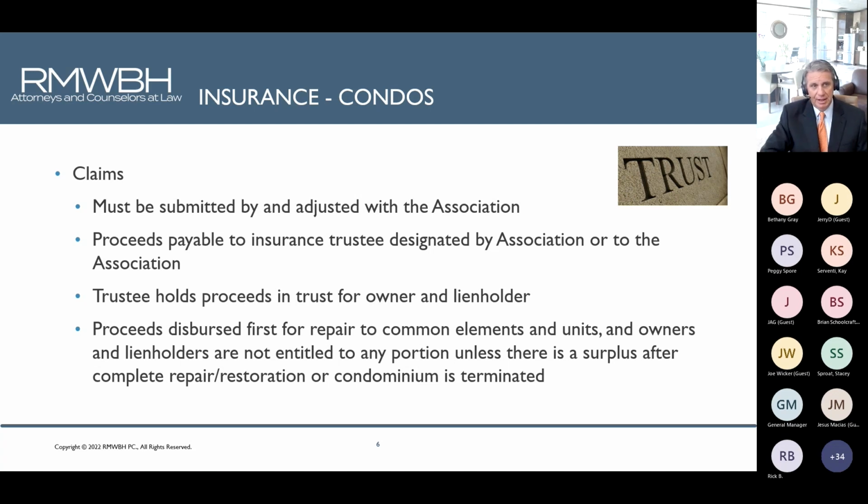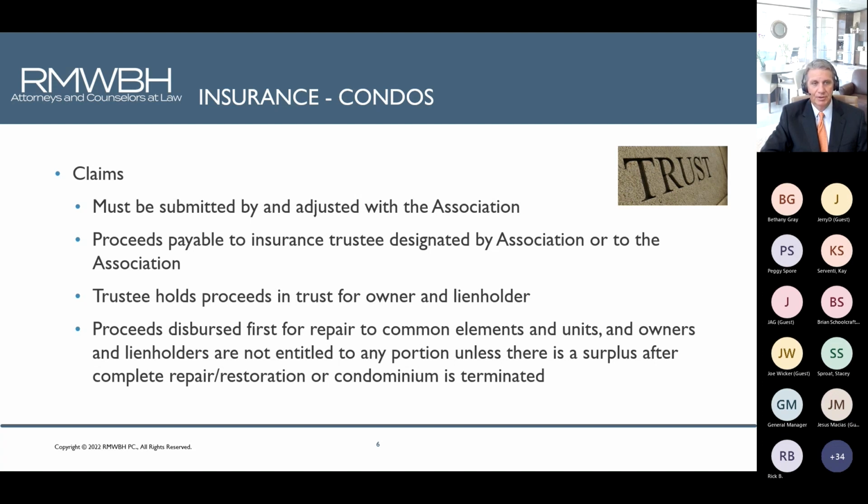This actually sets out how the money is supposed to be distributed in the event of a payment by an insurance company for a claim. Proceeds are dispersed first for repair to common elements and units. And owners and lien holders are not entitled to any portion unless there's a surplus after complete repair or restoration, or the condominium is terminated.